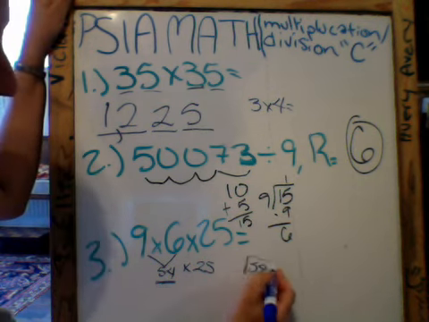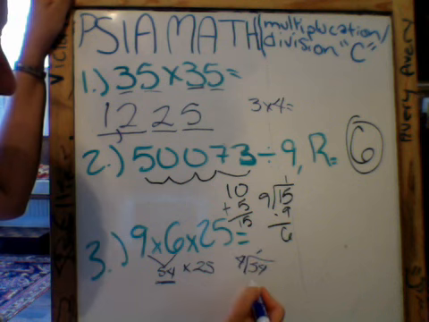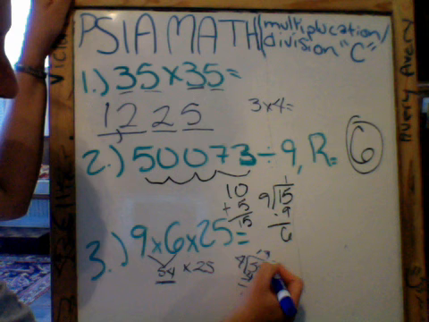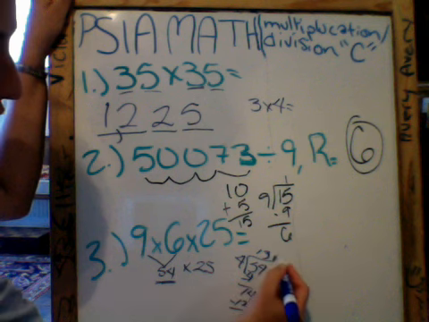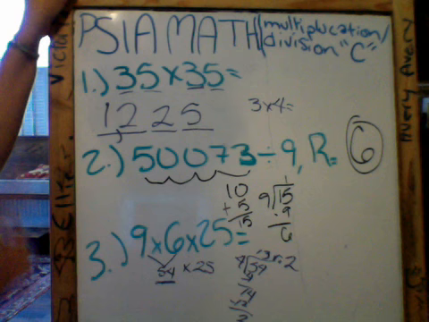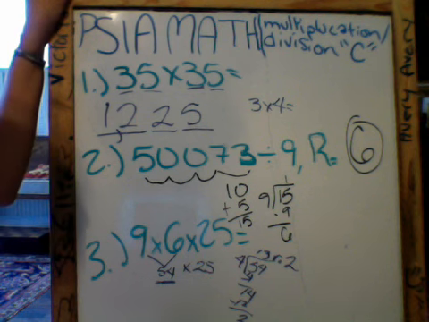54 divided by 4 is 13, remainder 2. So my answer is 13, and the last two digits are based on what my remainder is.